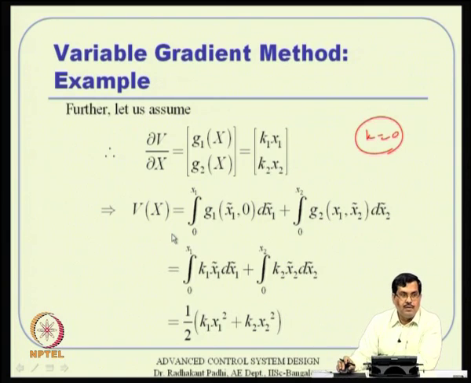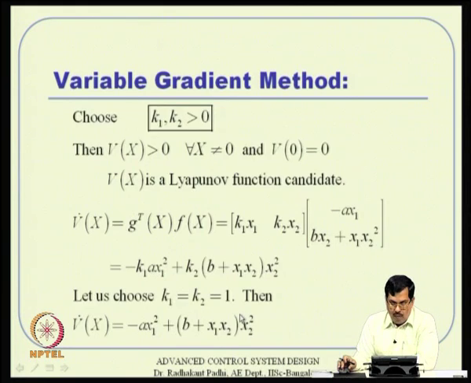This quadratic expression satisfies all the conditions. So, choose k 1 k 2 positive, and then v of x is positive for all x not equal to 0, v of 0 equal to 0, and certainly v of x is a Lyapunov function candidate.